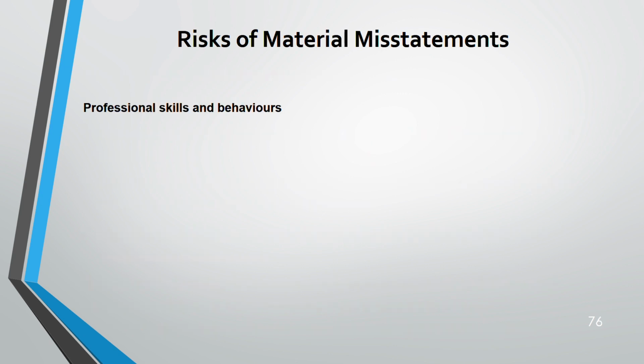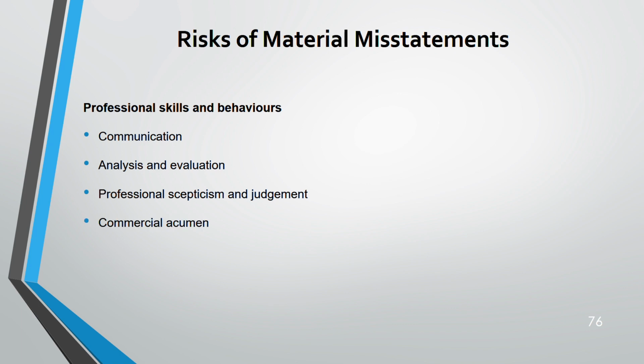Now, professional skills and behavior. I told you these are the 4 professional skills that will be tested in AAA: communication skill, analysis and evaluation, professional skepticism, and commercial acumen. If you have taken SBL, you know what each of these means. But most of you take SBL as the last paper, so you have no idea about the skills.